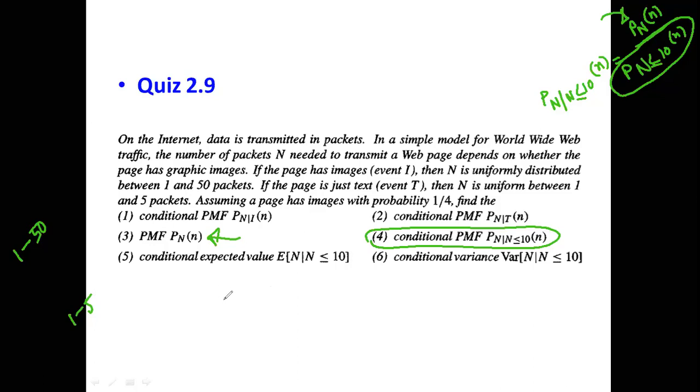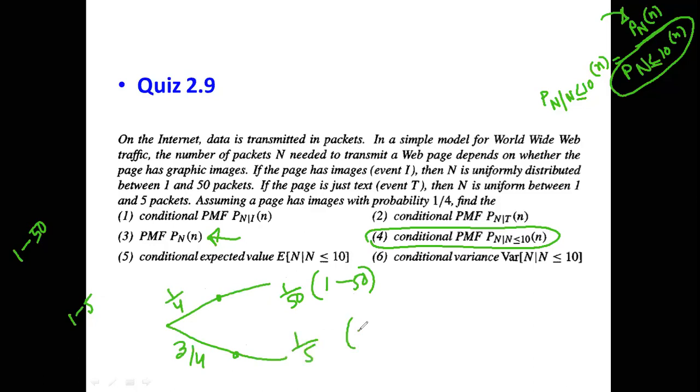That means we will have this first category with 1 by 4 and then 1 by 50, from 1 to 50, and then we are having 3 by 4, then 1 by 5 from 1 to 5, isn't it? So if it is 1 to 10, similar kind of thing will happen, isn't it?